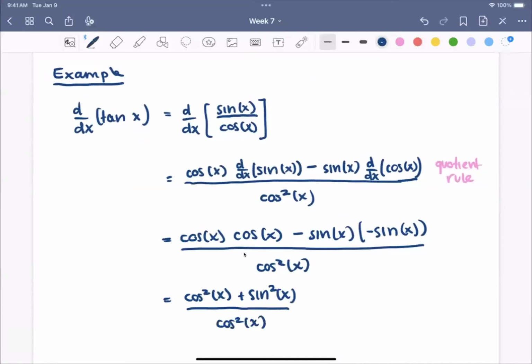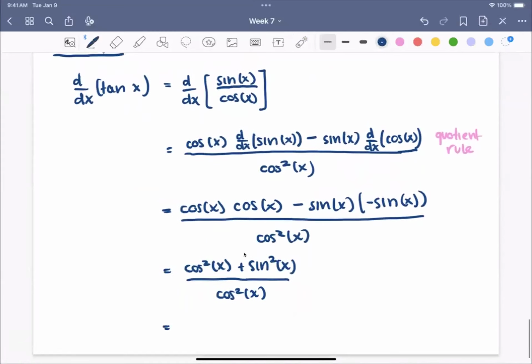Now your trigonometric spider senses should be tingling because you know what this is. This is just equal to 1 by the Pythagorean identity. So we get 1 over cosine squared x.